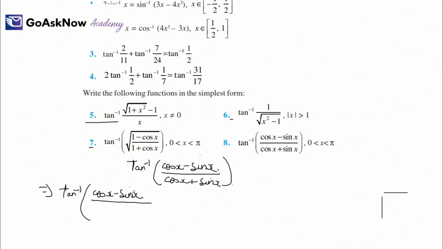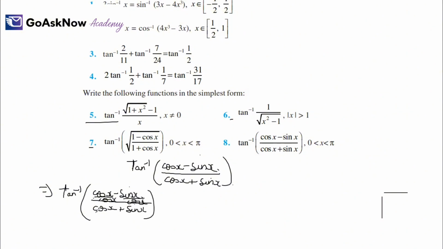Cos x plus sin x. Just do one thing: divide both numerator and denominator by cos x. Cos x divided by cos x, so I will divide numerator and denominator by cos x only.